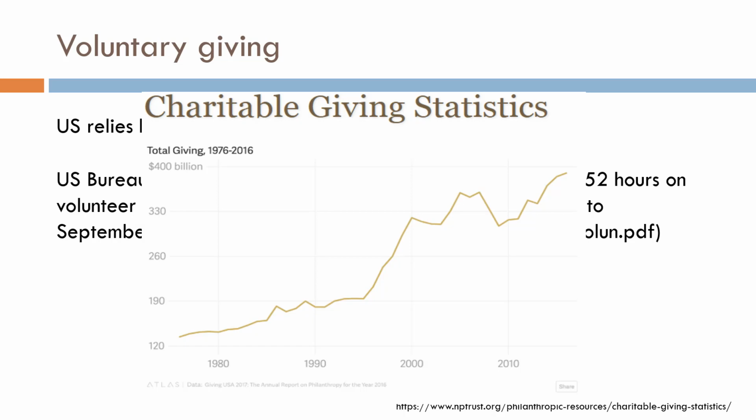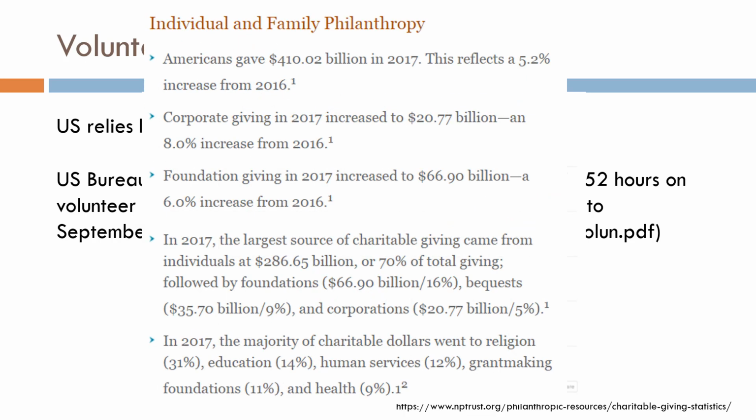By way of some other numbers behind this report, Americans gave about $410 billion in 2017. Corporate giving increased to about 20.77 billion, but note that 20.77 billion compared to that 410 billion is where the idea comes from that 3/4 of these monies are from individual people.